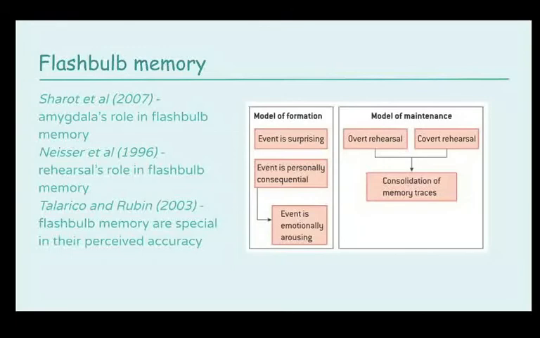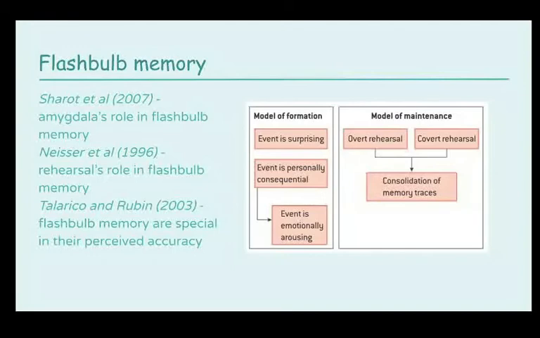So three of these examples actually play a very big role in the formation of the flashbulb memory theory. The first one, Sharot et al. 2007, showed how the flashbulb memory has something to do with the amygdala.